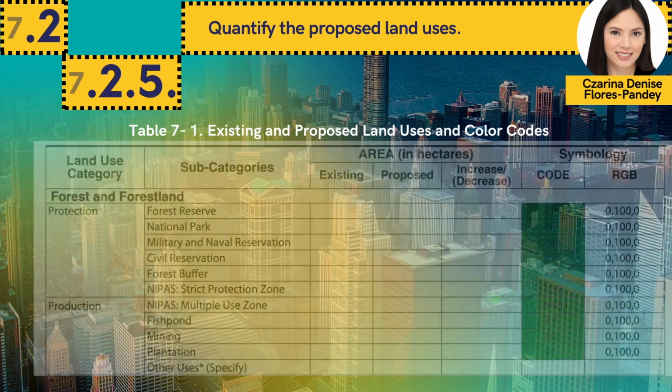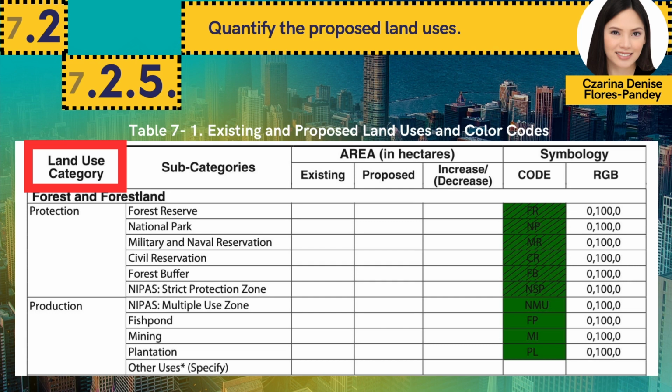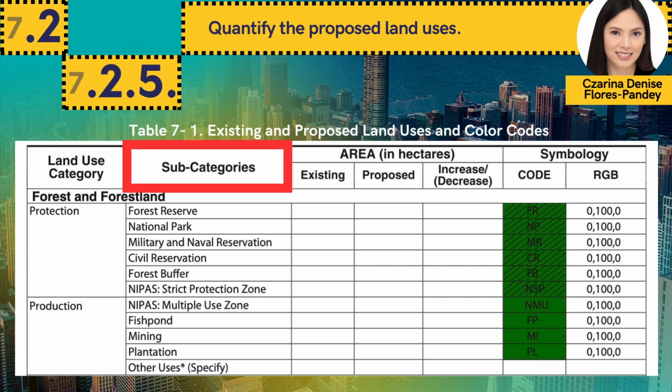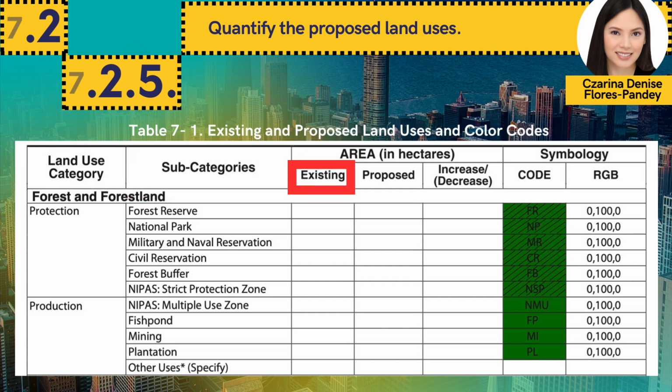This has the following: land use category, subcategories, existing land as measured in hectares, proposed land as measured in hectares, and the equivalent increase or decrease. In symbology, the code, and RGB or red, green, blue.